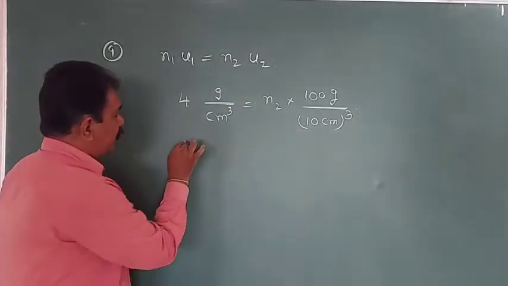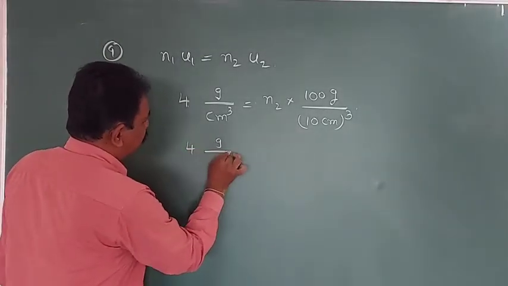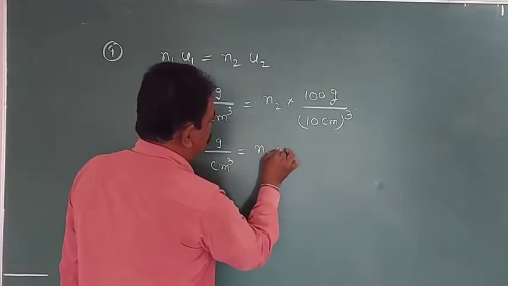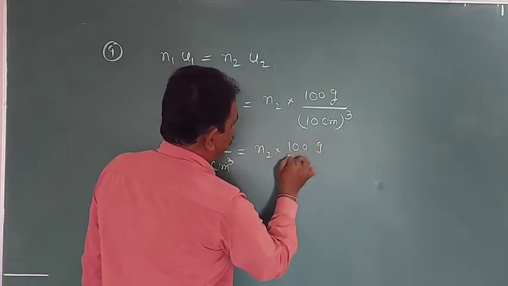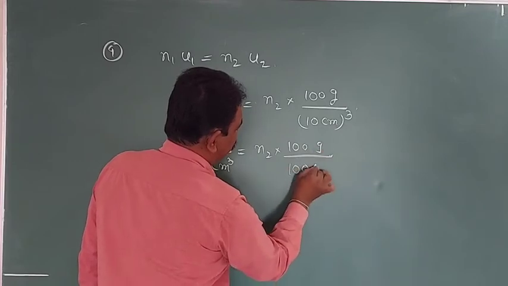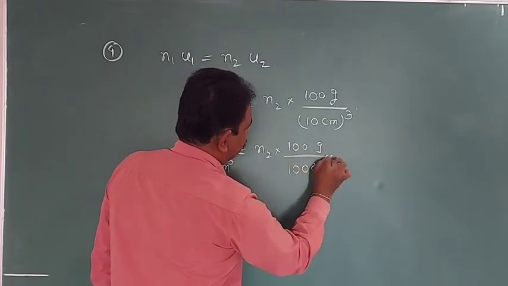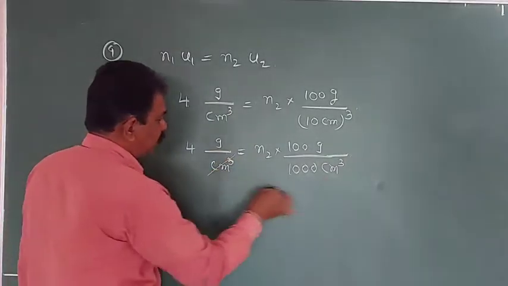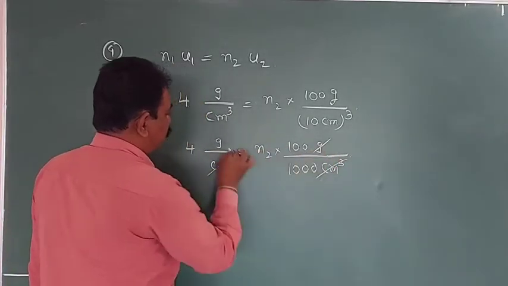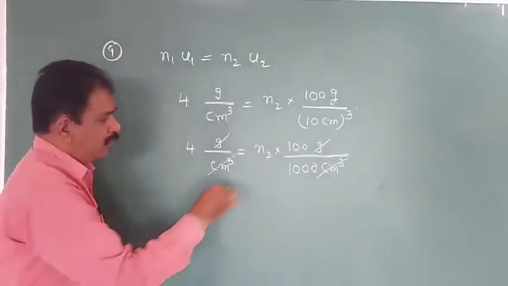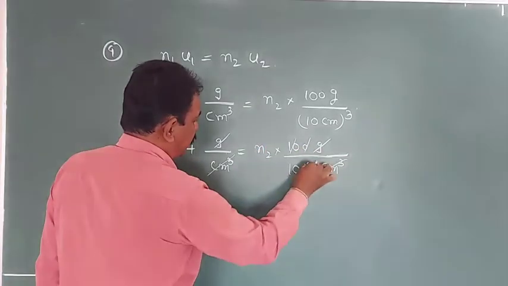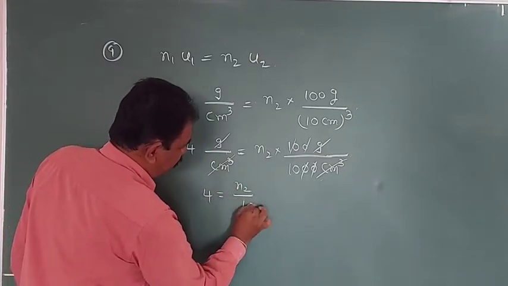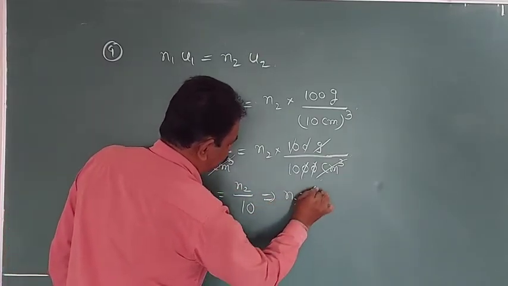So what we get here is 4 gram per centimeter cube is equal to N2 into 100 gram by 1000 centimeter cube. 2 zeros will cancel. 4 is equal to N2 by 10.